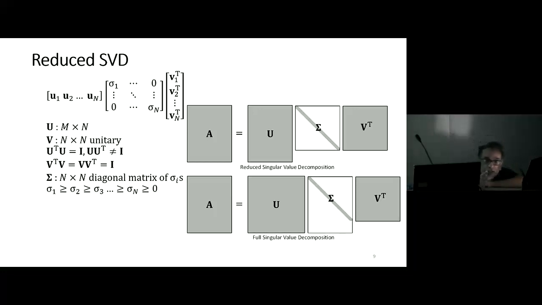Any questions? So this is the reduced SVD, and here all we have done is taken away these last few m minus n columns from U, and likewise the m minus n bottommost rows of the middle matrix, and then this is the reduced SVD.